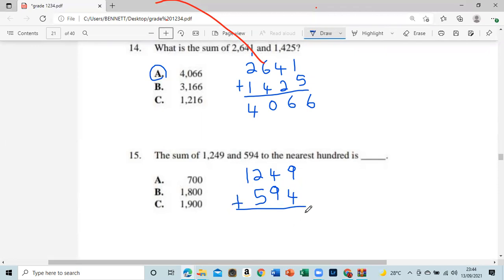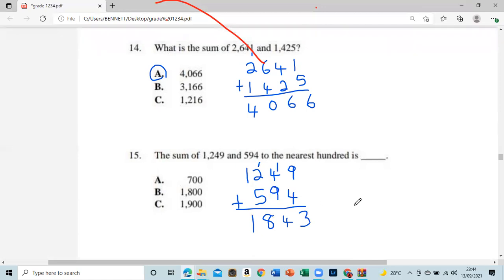4 and 9, that's 13, so it's 3, carry 1, 9 and 1 is 10. 9 and 1, 10 and that's 14, 4 carry 1. 5 and 2, 7 and 1, 8, and we have 1,843.